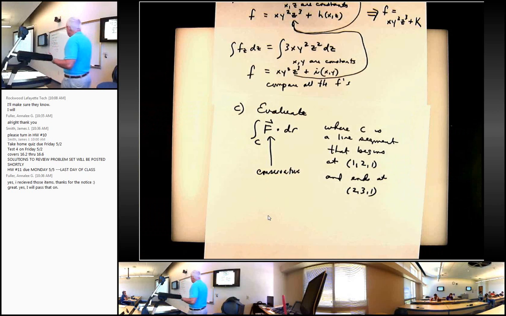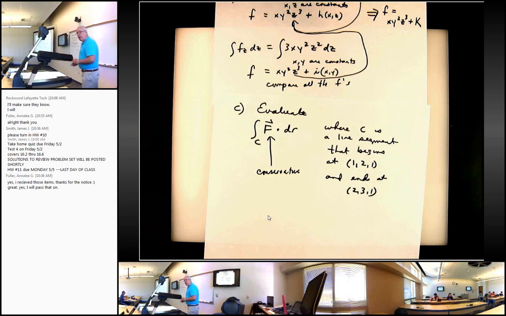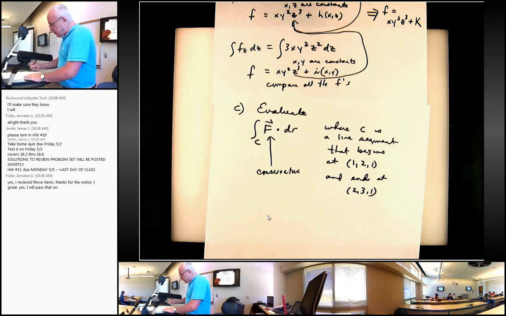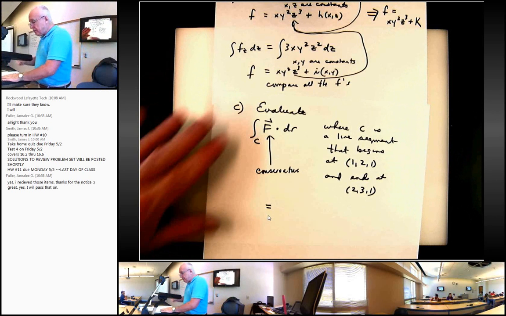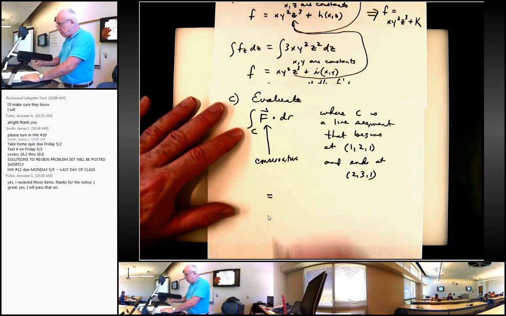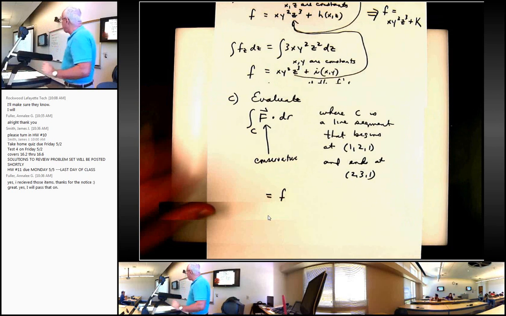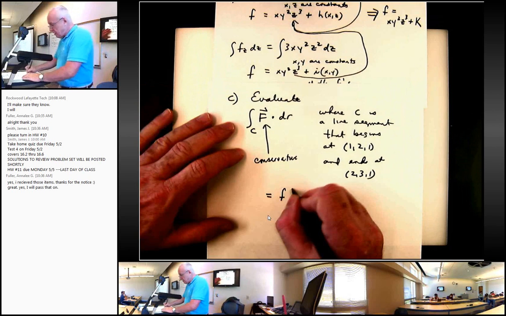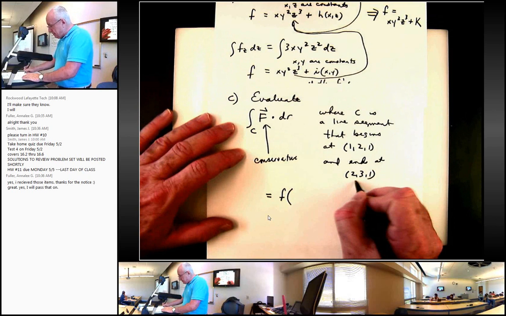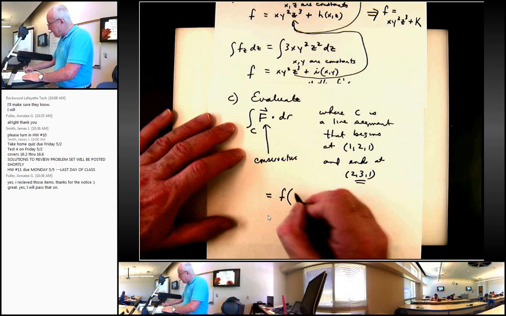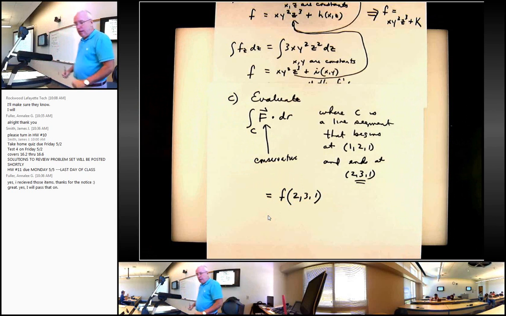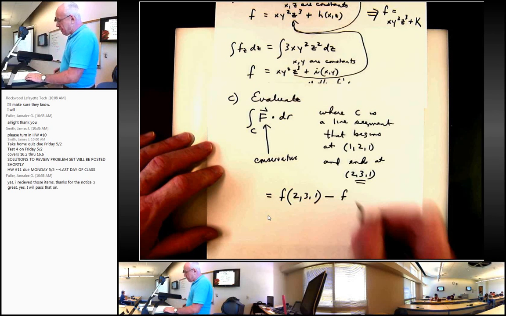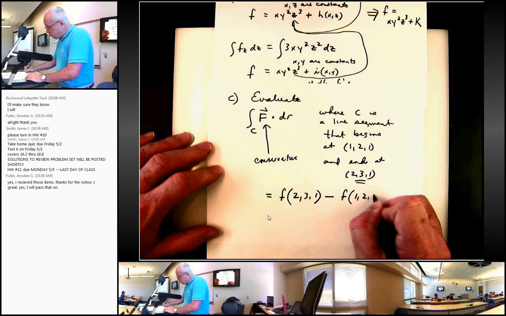The nice fact we know, from section 6.3 on the fundamental theorem of line integrals, is that if it's a conservative vector field, in either 2 or 3 dimensions, the value of this line integral is: we take that little f function we have now just found, plug in the end coordinates of the curve, (2, 3, 1), and then subtract the little f function at the beginning coordinates (1, 2, 1).